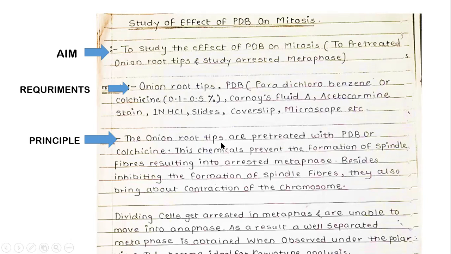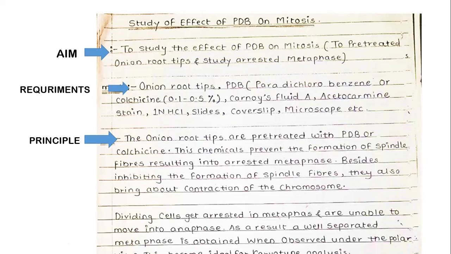Principle of the reaction: the onion root tips are pre-treated with PDB or colchicine. These chemicals prevent the formation of spindle fibers, resulting in arrested metaphase. Besides inhibiting the formation of spindle fibers, they also bring about contraction of chromosomes.